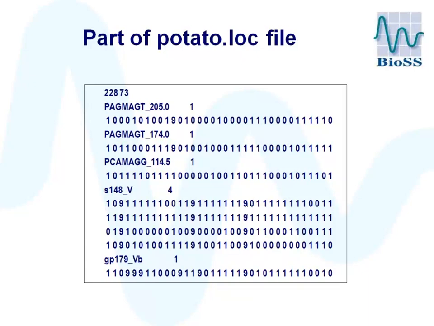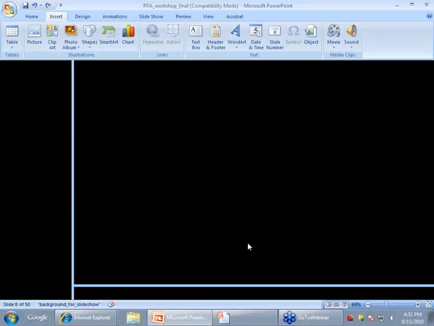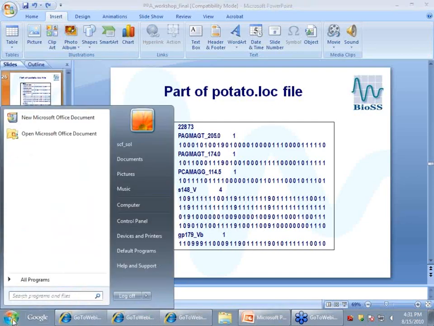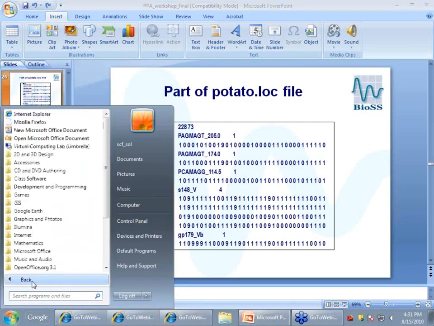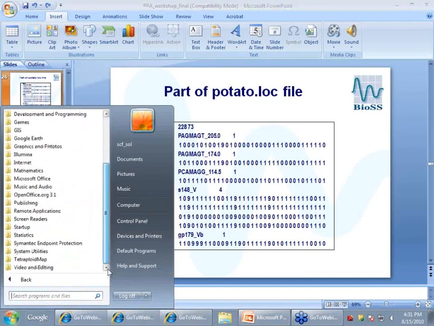Right, I'm going to escape and demonstrate it with tetraploid map now. I suggest that you probably watch me for now and then try when I break. So tetraploid map has been put in All Programs.